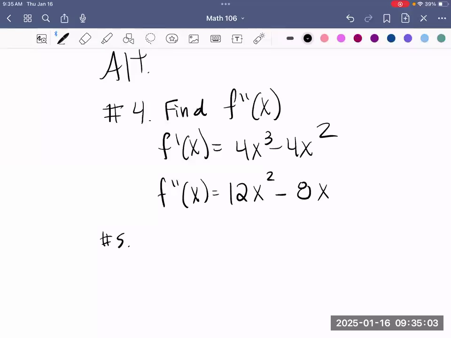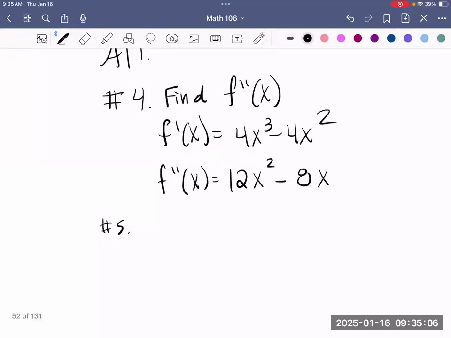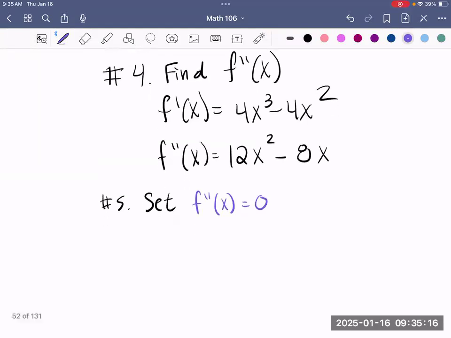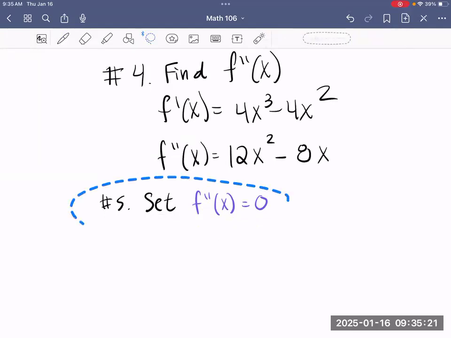Step 5, what we're going to be doing now is we can go ahead and set your second derivative equal to 0 to determine, actually, before then, that's not going to be step 5. That is if we wanted to determine your inflection point.